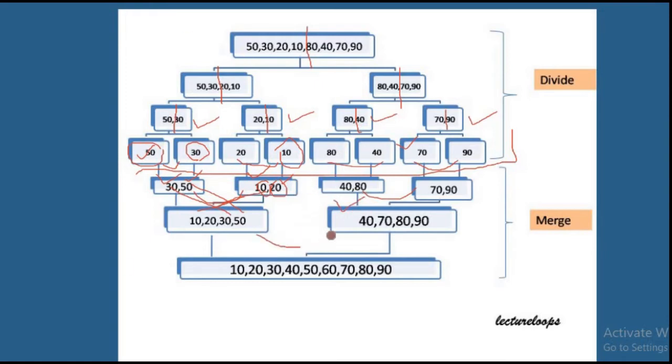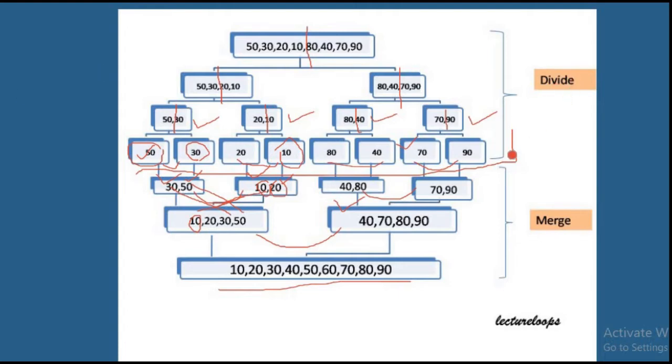Now we have two sublists and again we combine them, keeping in mind that elements go from these subarrays to the resultant list in ascending order: 10 first, then 20, 30, 40, 50, 60 and so on. So in this way it will work.